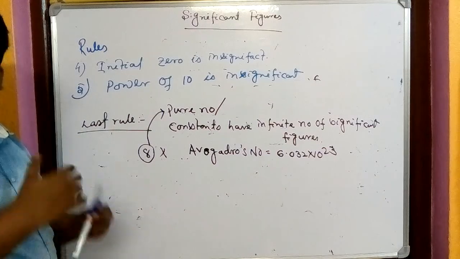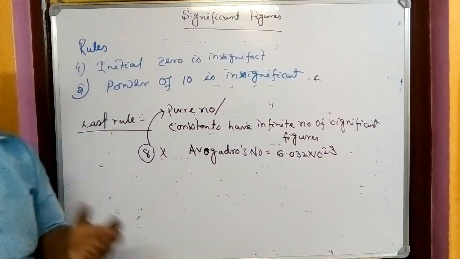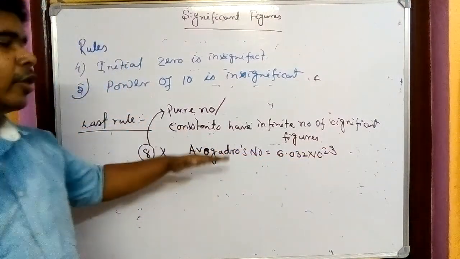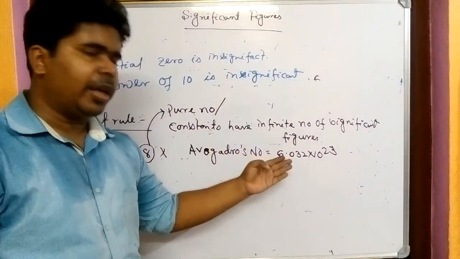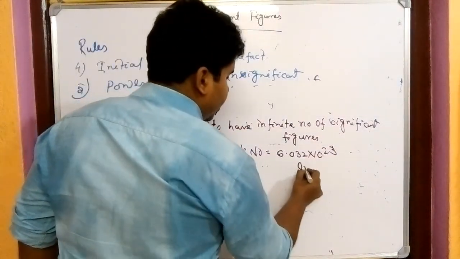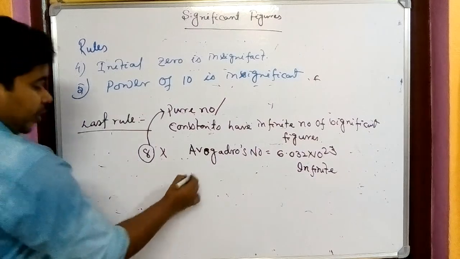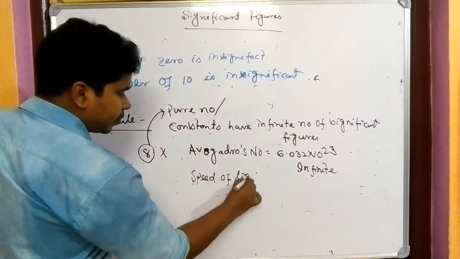Why? We have followed all the rules, but here there is an exception to the rule. As it is a constant, it is mentioned that it is Avogadro's number. Here we have to take it as a constant value, so the number of significant figures is infinite. Speed of light.